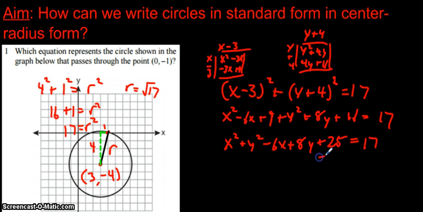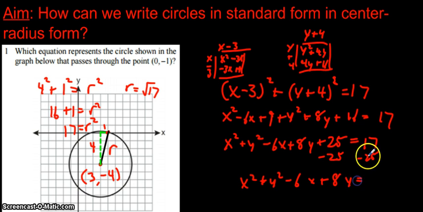So if we subtract 25 from both sides, we get a standard form of this circle. 17 minus 25 is negative 8.